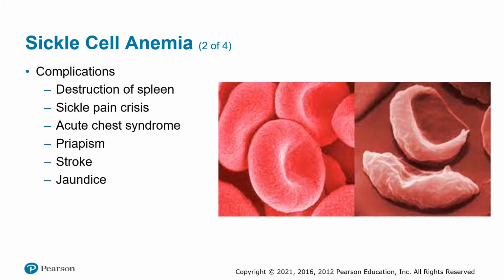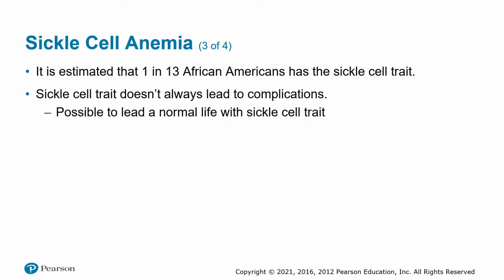Like I said, it is painful when it does occur, because those deformed red blood cells get into a spot where they can't move, and so they just kind of block the nerve pathways and stuff like that in the vessels. It is estimated that 1 in 13 African Americans has sickle cell trait.